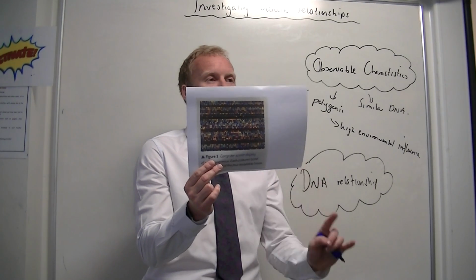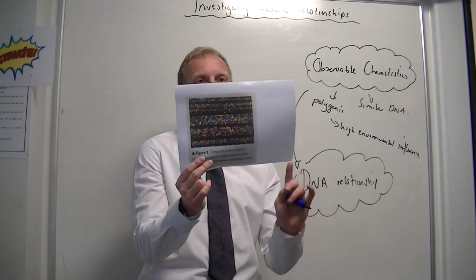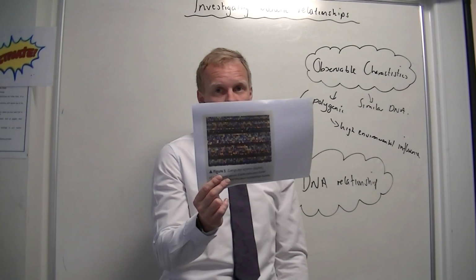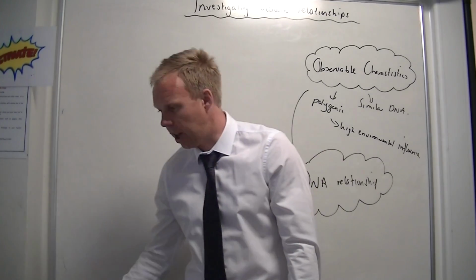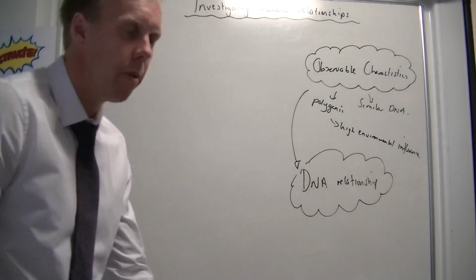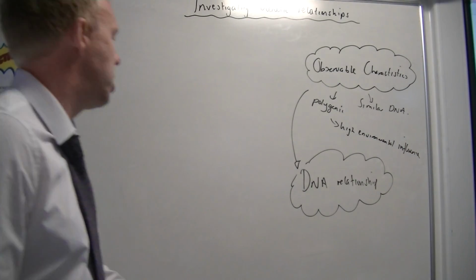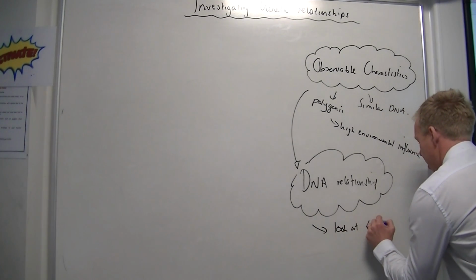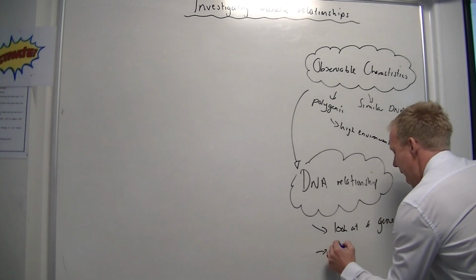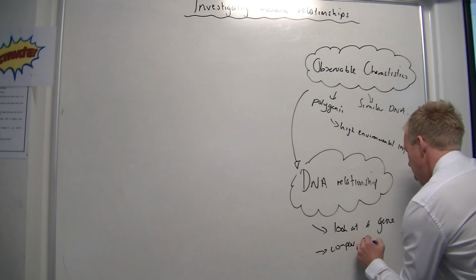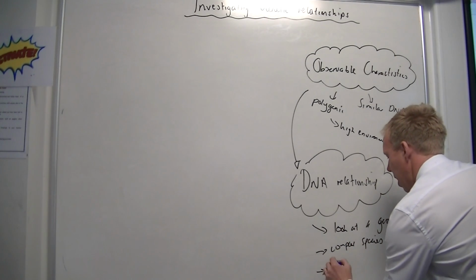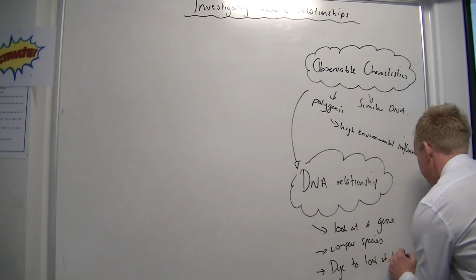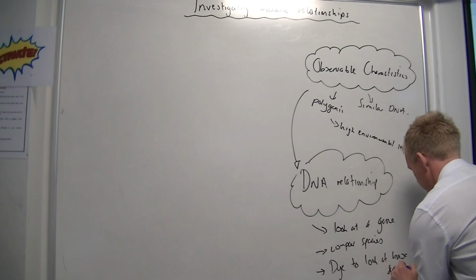So we actually physically look at the DNA, we look at the order and sequence of the bases for a given gene and compare similarities. Are we alright with that? Okay, so that is our DNA relationships. Let me put that one there. We look at a gene, we compare species, and we are using a dye to look at base sequence.